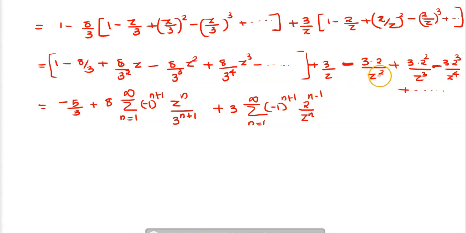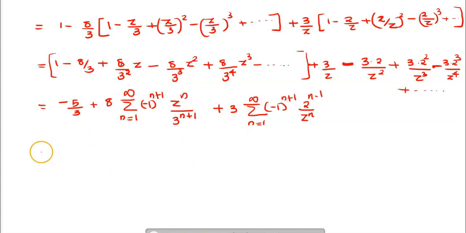Z has 1 power increased compared to 2. So 2 raised to n minus 1 divided by z raised to n. Means first term is n equal to 1. This is minus 1 square positive. 2 raised to 1 minus 1. 2 raised to 0 by z raised to 1. That means 1 by z. And next term minus 2 by z square, etc. We take 3 common outside.